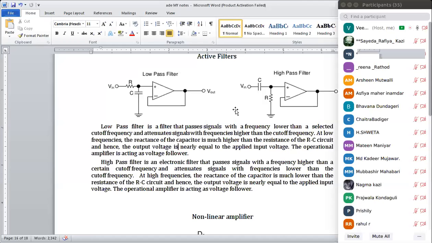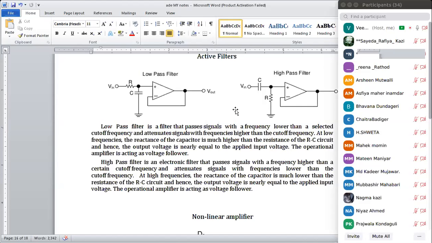And in what types can we filter them? In a low pass filter or high pass filter. By using these two types, we can filter the signal. Then what do we mean by the low pass filter? A low pass filter is a circuit which attenuates higher frequencies than the cutoff frequency, and it will allow only the frequencies lower than the cutoff frequency.